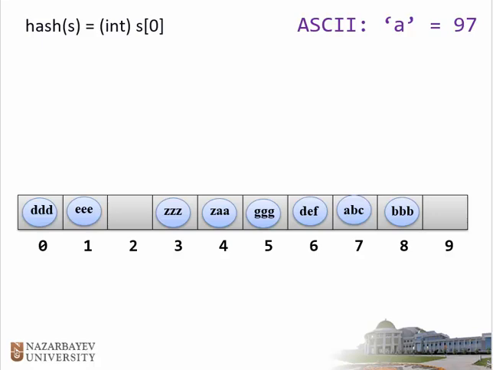Now, however, suppose we want to do a lookup for the value of DEF. For D, we would start here at index 0, and we see that DEF is not there, but because we're using linear probing, we have to go to the next one because this is full. We'd see EEE is also occupied, so we go to the next one, and we see that it's empty here.